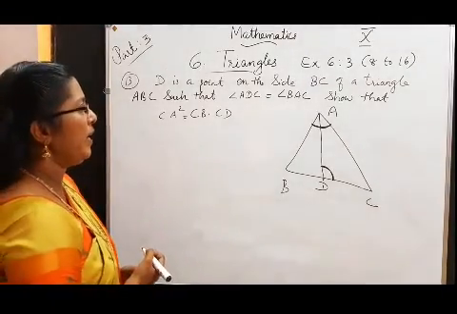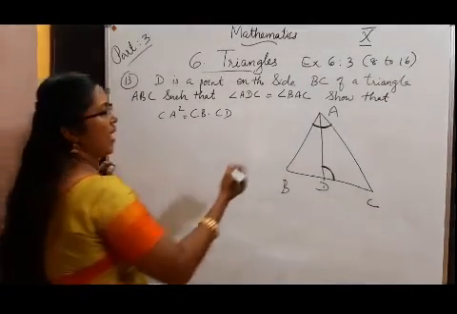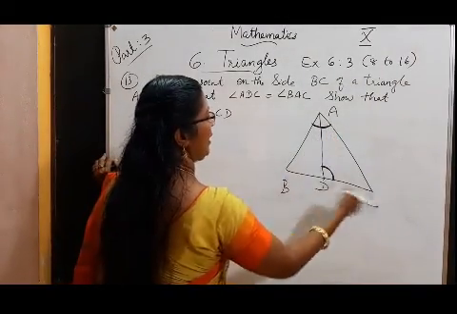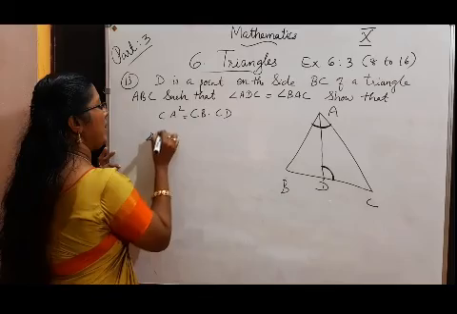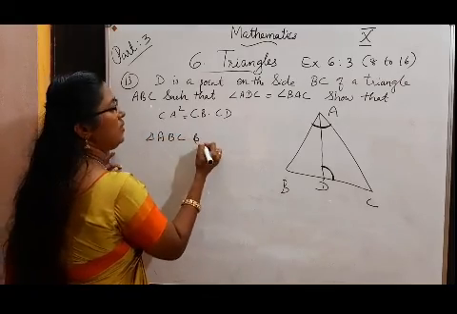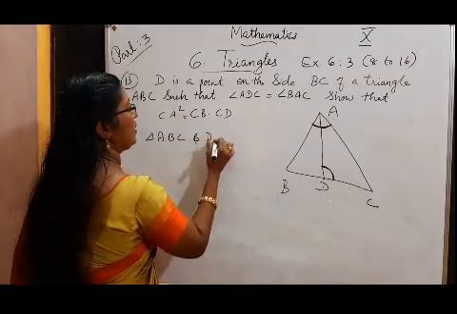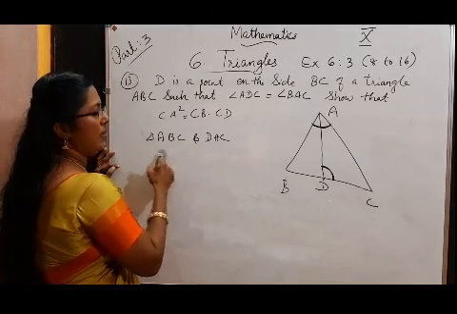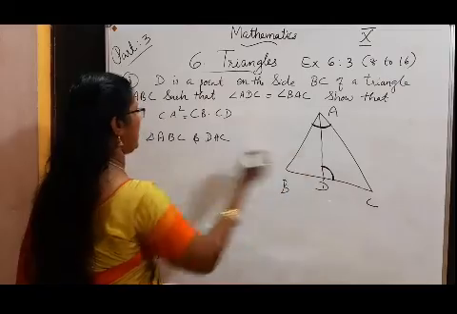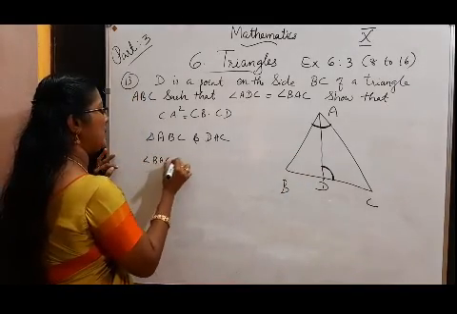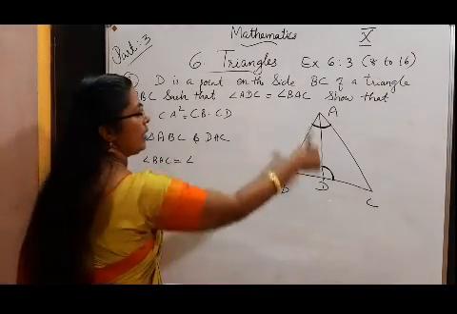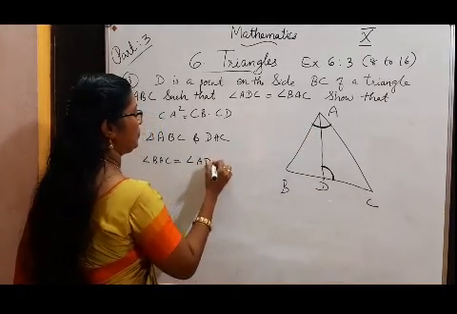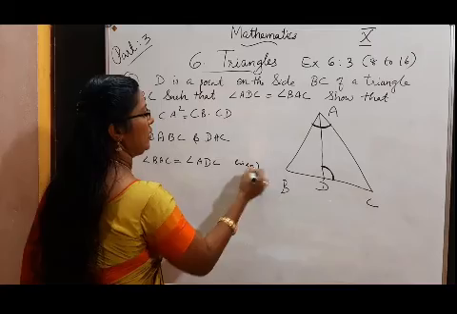Okay. Here, let us take triangle ABC and triangle DAC. What is given? In triangle ABC, angle BAC equals angle ADC, given.